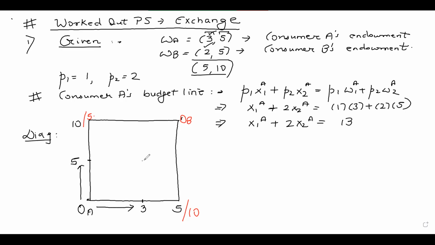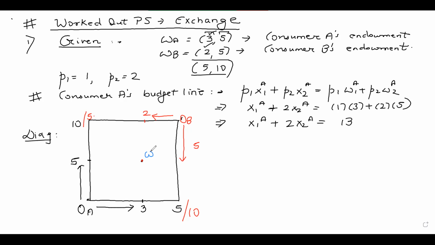This is my point. From B's origin, this is 2 and this is 5. This is my endowment. I can call this the blue point omega.